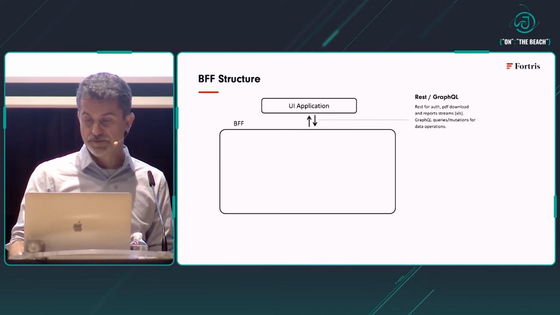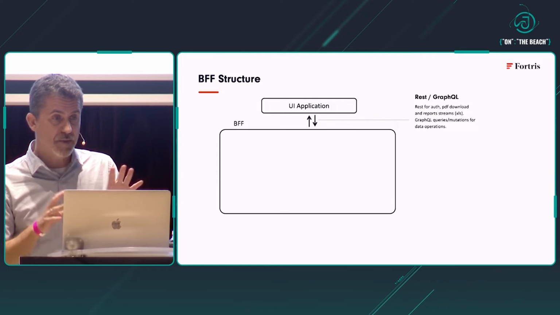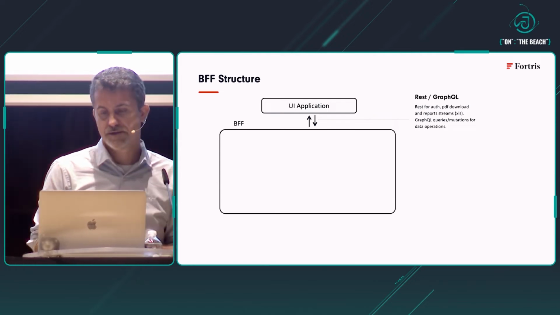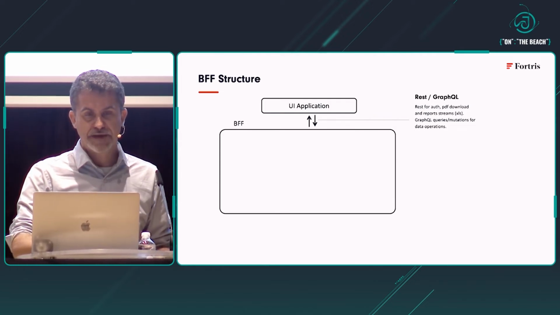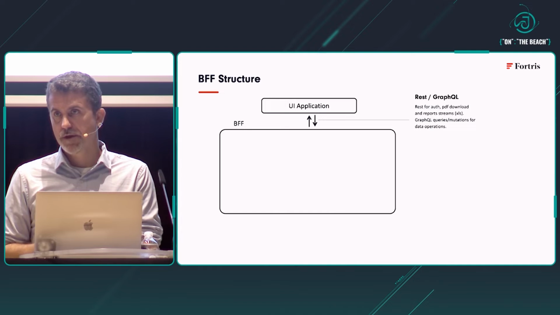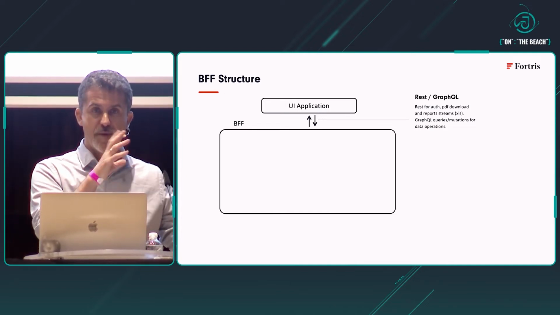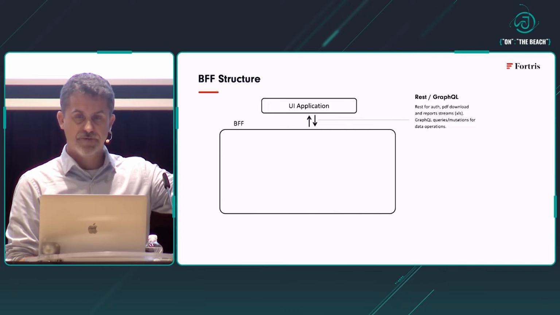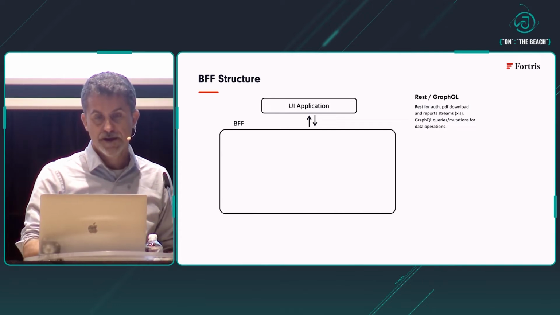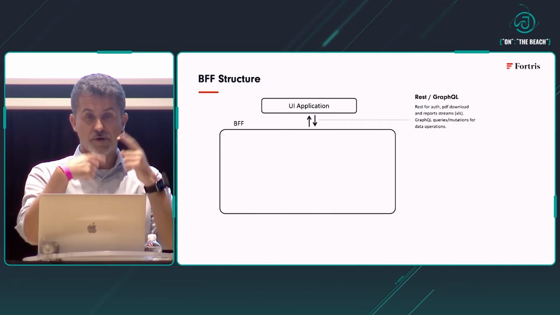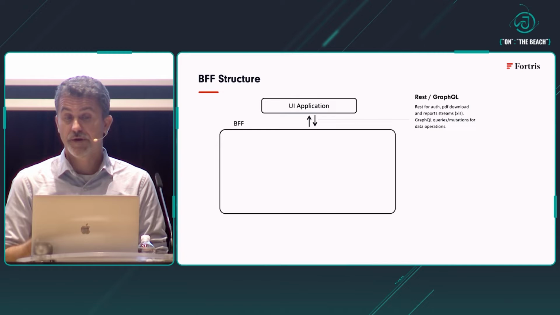So, seeing a little bit of the backend for frontend structure, there is a simple layered architecture. We have at the backend for frontend an API that proxies from the frontend to the backend, and we have this connection with the UI application. Here I put what we're doing.